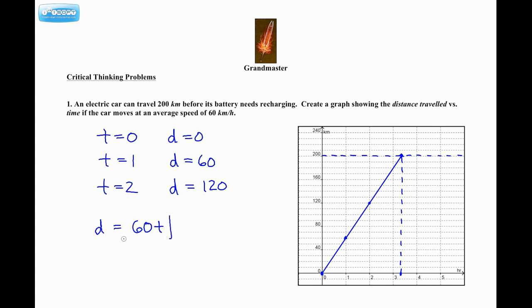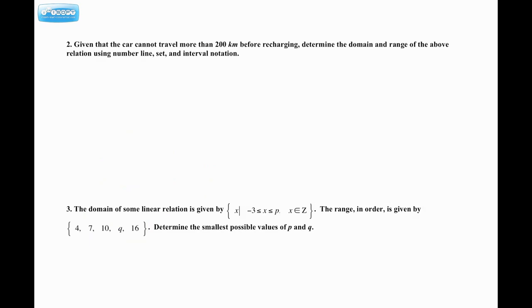So just make note of that. Might have to use that in just a sec. We're not dealing with x and y in this case. We're dealing with d and t. So let's do the domain over here, and I'll do the range over here. Doesn't matter. There we go.